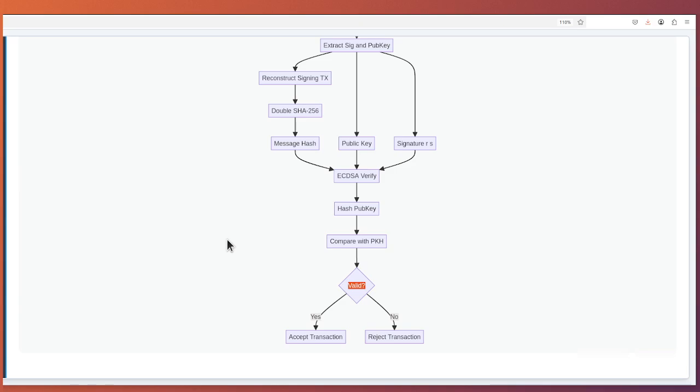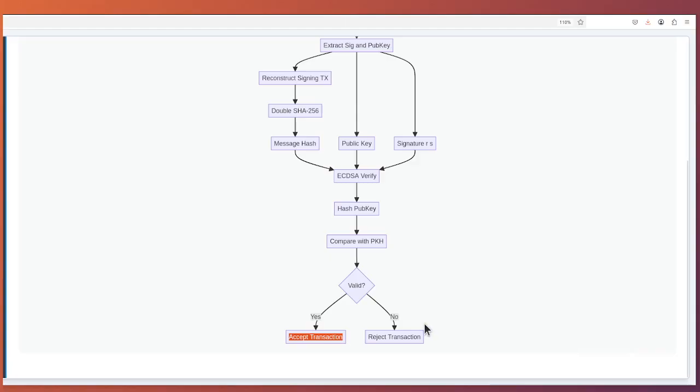After verifying the signature cryptographically, the node also executes the full script to ensure all conditions are met. For P2PKH, this means verifying that the provided public key's hash matches the expected public key hash within the ScriptPubKey.